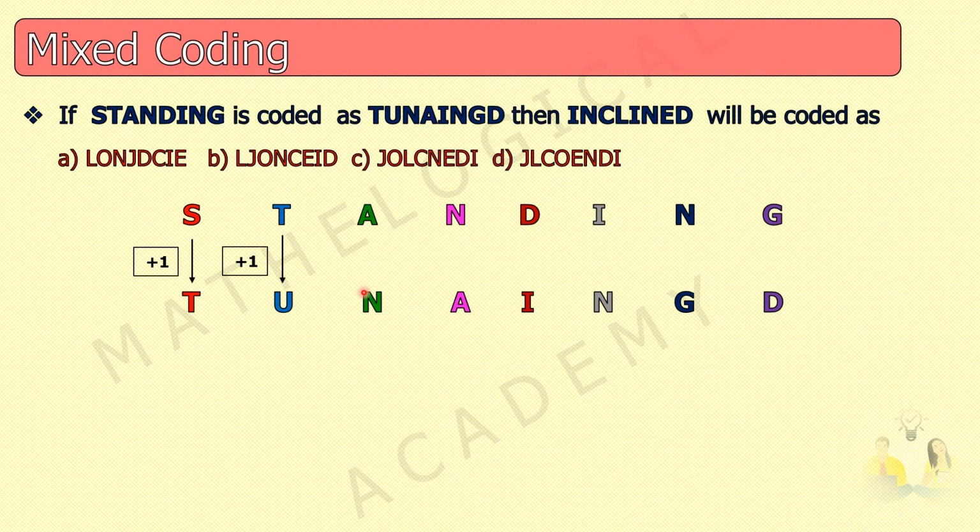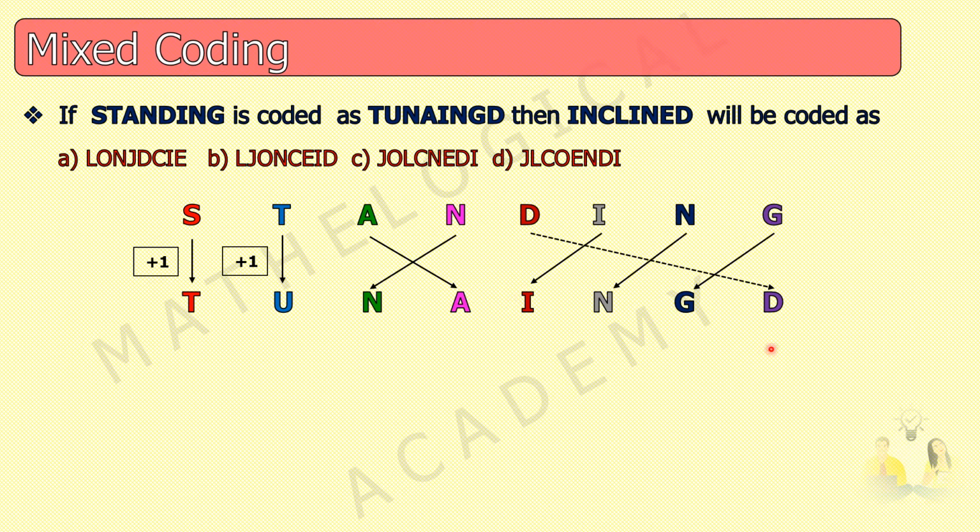In the first 2 letters we got the code, but in the third letter A we should have got B here, we don't have it. We notice that A and N have exchanged places here, and in the last 4 letters D, I and G are just rearranged. We have the same letters in the code, they are just rearranged. So D has gone to the last place, I has come to the first place, N to second place, G to third place.